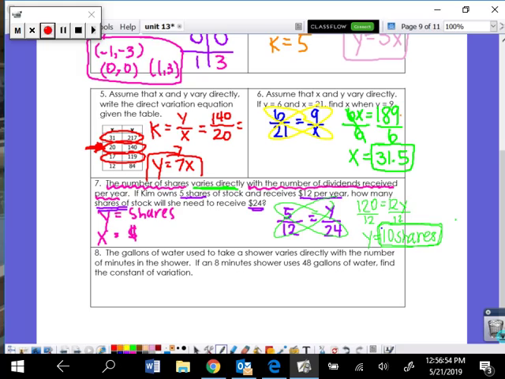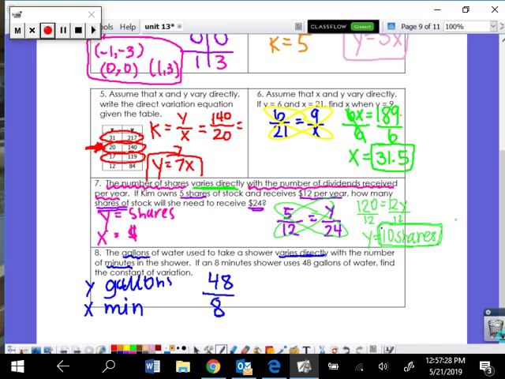Okay, now last direct variation. The gallons of water used to take a shower varies directly with the number of minutes in the shower. So gallons, minutes. Gallons are y. Minutes are x. If an 8-minute shower, that goes on the bottom, uses 48 gallons of water, find the constant of variation.